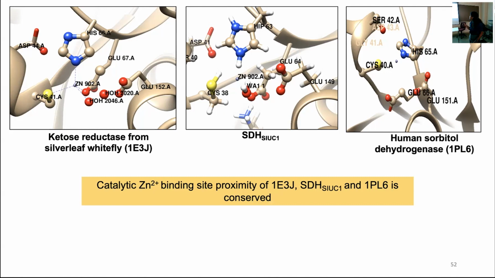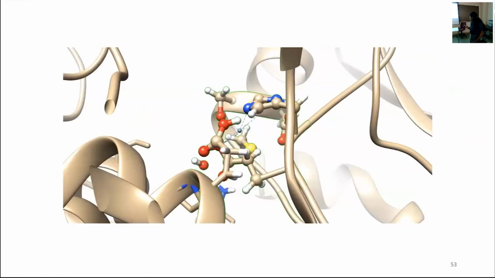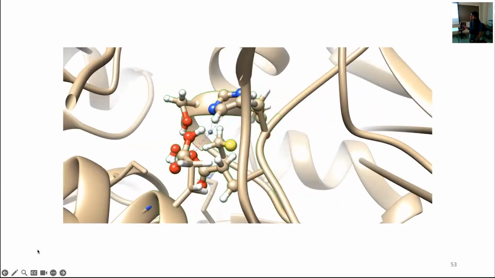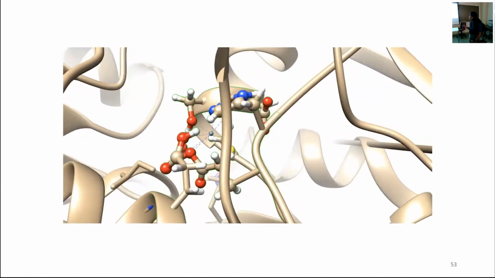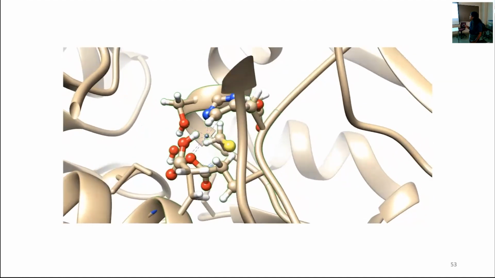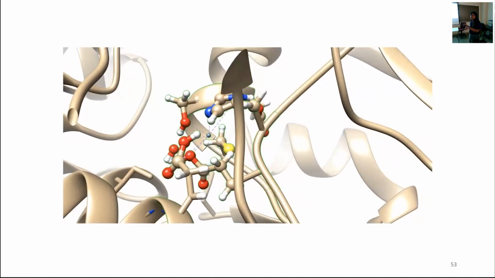That was a common feature for all these three enzymes, so the catalytic zinc binding site is conserved in these enzymes. And this is a short video of the catalytic zinc binding site of the enzyme STH-SIUC1. When the catalytic zinc is coordinated into its active site, you can see these amino acid residues coordinating and making a tetrahedral coordination in the catalytic zinc binding site.